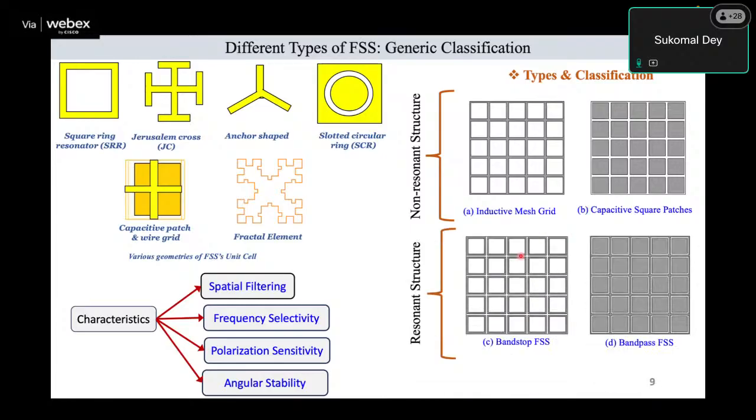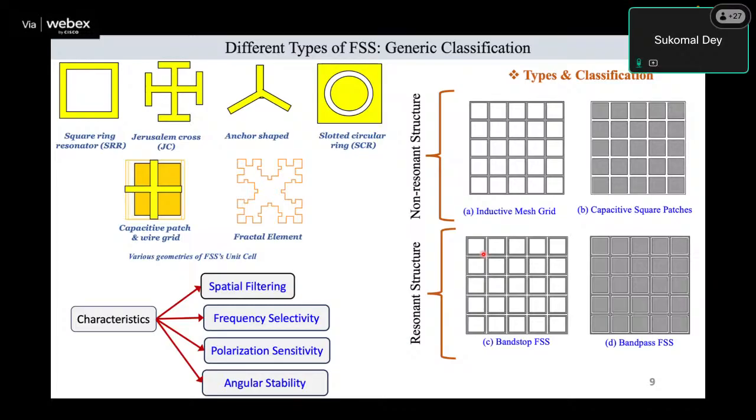If you look at a very simplistic model, suppose this is your unit cell. This structure is basically giving you an inductor and the gap is basically giving you the capacitor. The spacing between two arrays is predominantly a function of the kind of capacitance that you need to arrest your frequency.